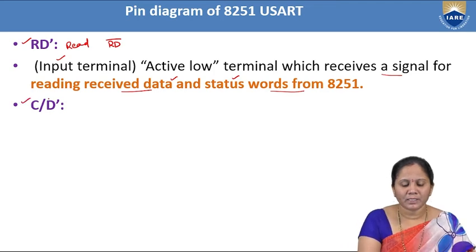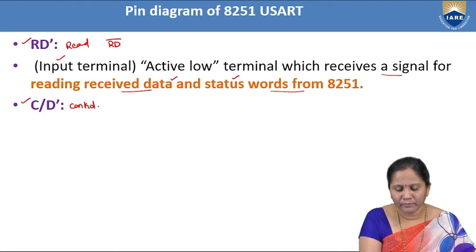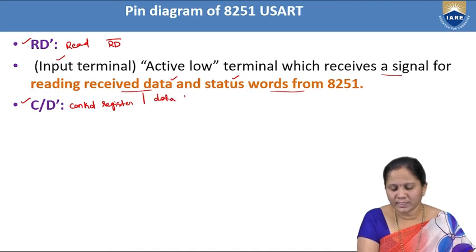And next signal is C by D bar. The C by D bar represents control register and data buffer select.